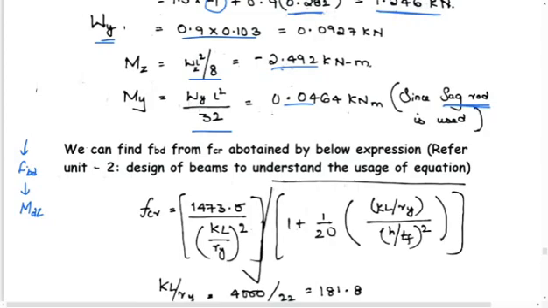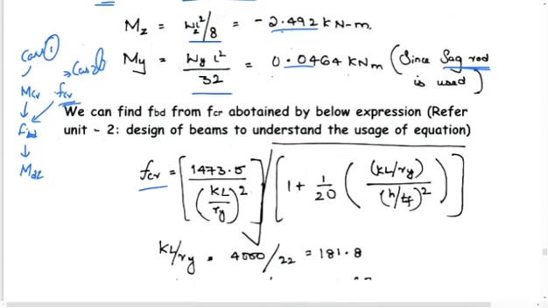FBD can be obtained from MCR or by calculating FCR. So this we have used in case 1, and let us follow this for case 2. That is, first find out FCR, then find out FBD, and then calculate MdZ.